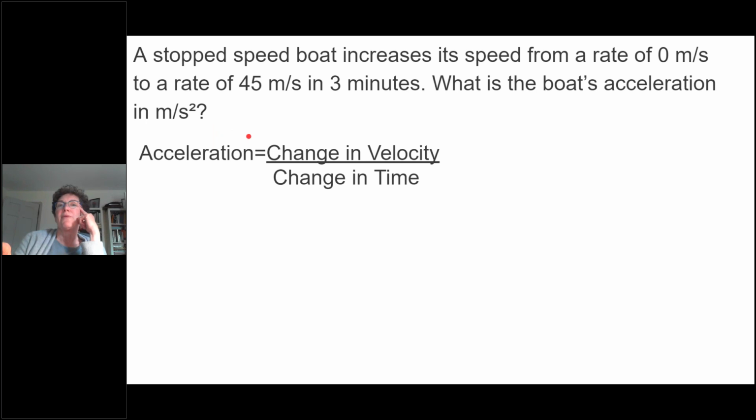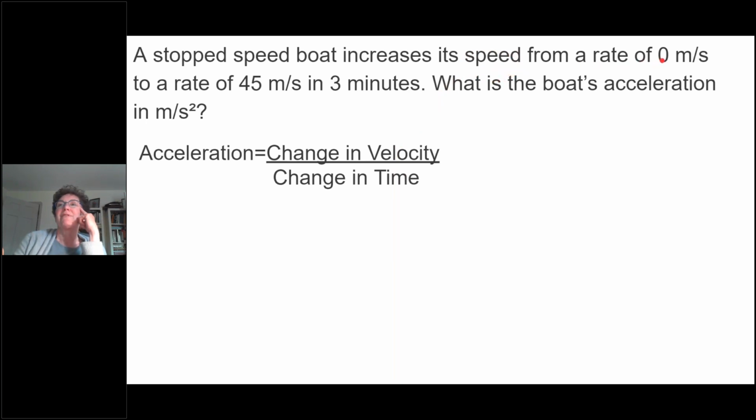Well, the formula for acceleration, what he's asking for here, is a change in velocity divided by the change in time. And velocity in this case, we're talking about its speed. It's a rate.